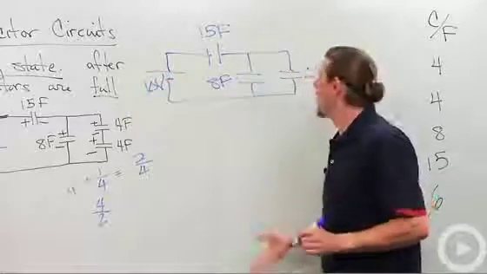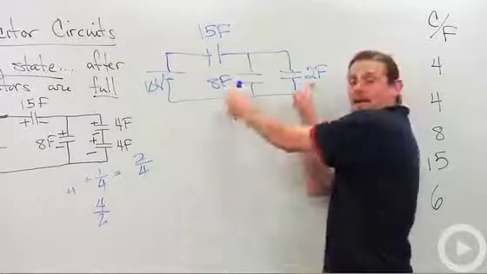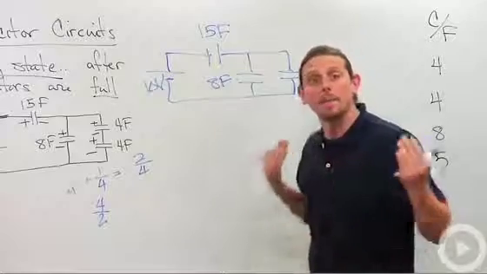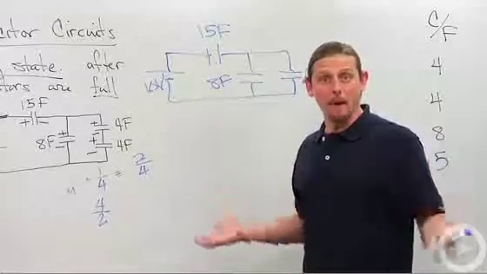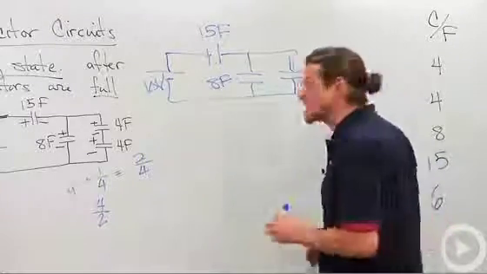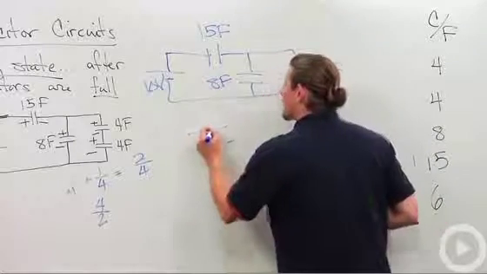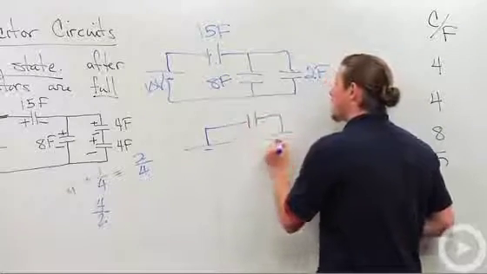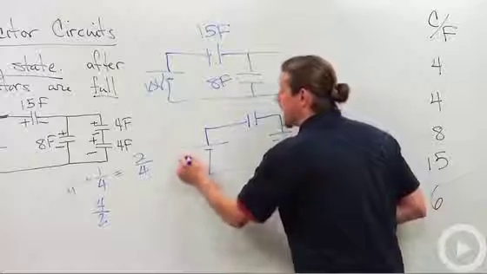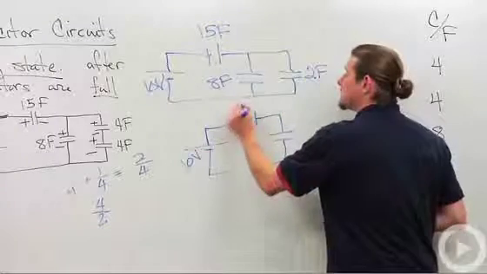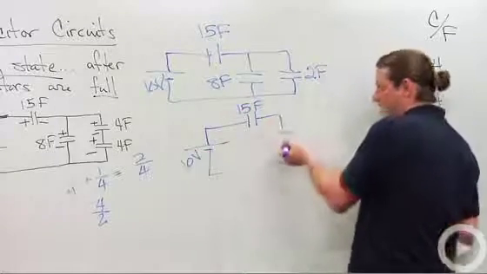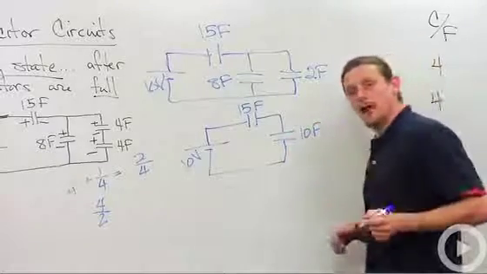All right, easy enough. What's next? Well, the 8 and the 2 are clearly connected in parallel. Now the nice thing about parallel with capacitors is that you just add. So we'll have, this is 10 volts, this is 15 farads, and this over here, 10 farads.